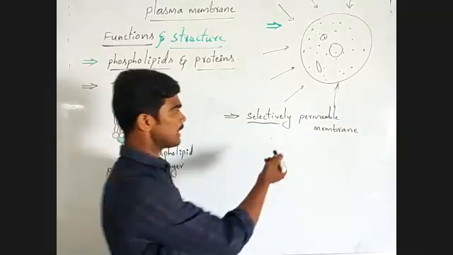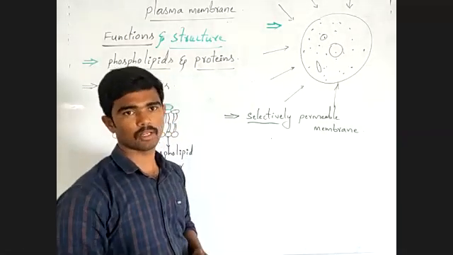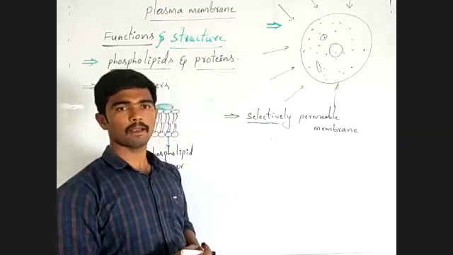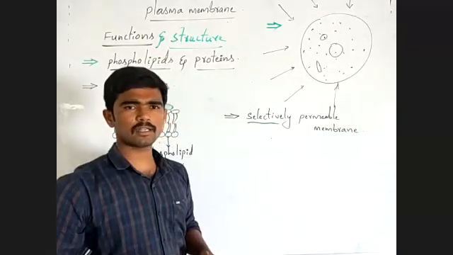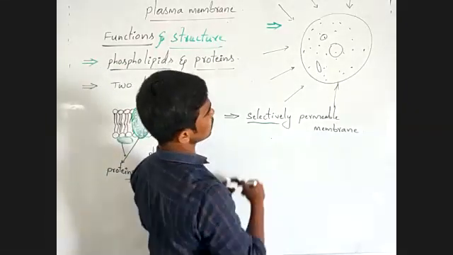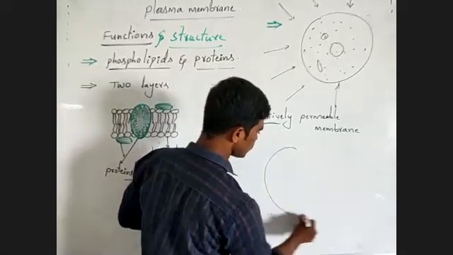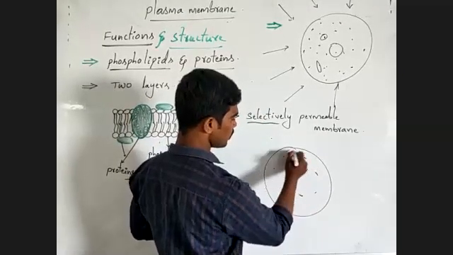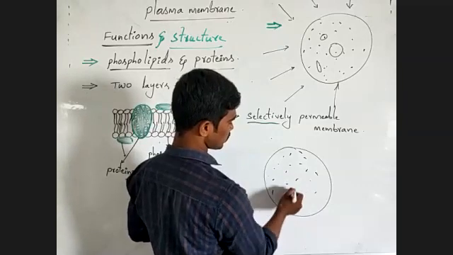The plasma membrane selects the internal transport of material and external transport of material. Understand? For example, imagine here is the plasma membrane. Here is the cytoplasm and all other internal structures.